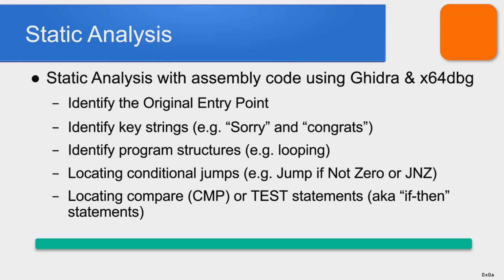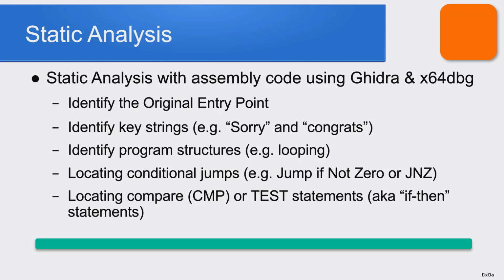Then you're trying to identify key strings, like "Congratulations, password is," and other key strings out there. The reason you're identifying these key strings is that they can give you clues into what is going on in the application, and maybe even give you an area to look at for other code.